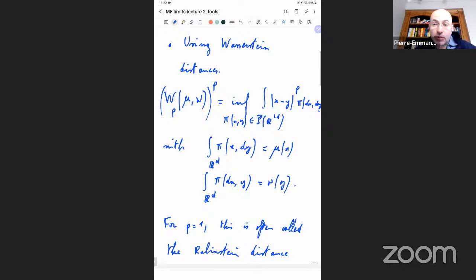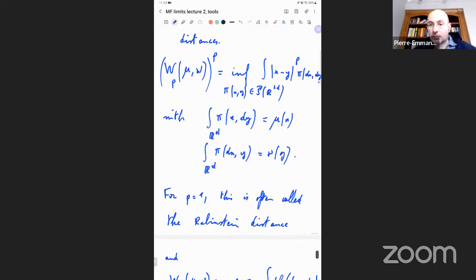What people generally assume is that you have moments, so that the integral of |x|^p dmu is bounded and the integral of |y|^p dnu is bounded, and then the resulting distance is bounded. If we're going to use this kind of distance, we'll need stuff like that. And well, we'll have to discuss all of this again. This is for tomorrow, mostly.